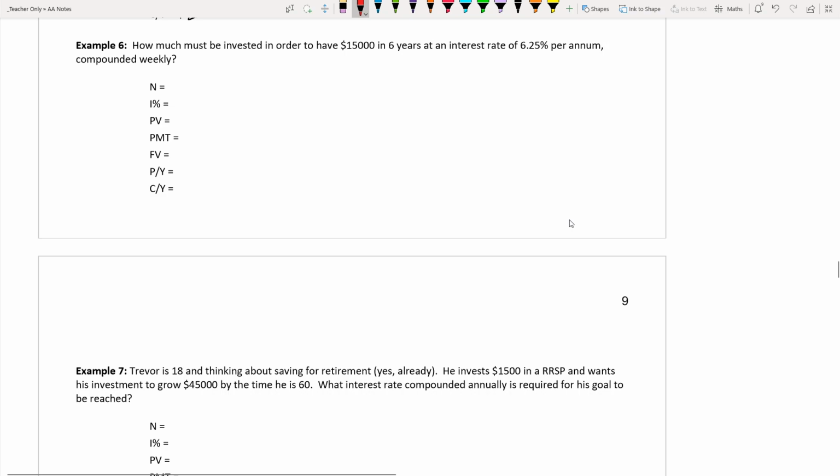How much must be invested? Okay, I'm going to take a highlighter because I like doing that. How much must be invested in order to have $15,000 in 6 years at an interest rate that much per annum? So I'm going to press pause, and I would like you to figure out, fill in the table, what are we doing here?